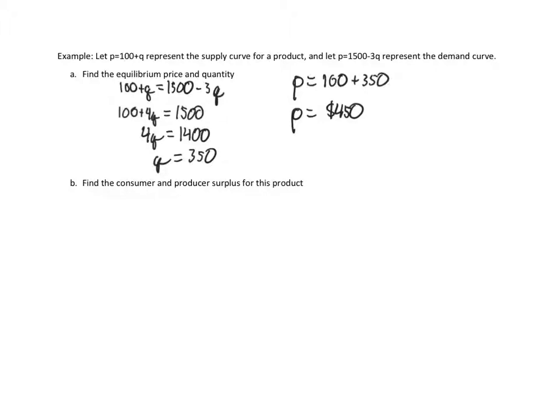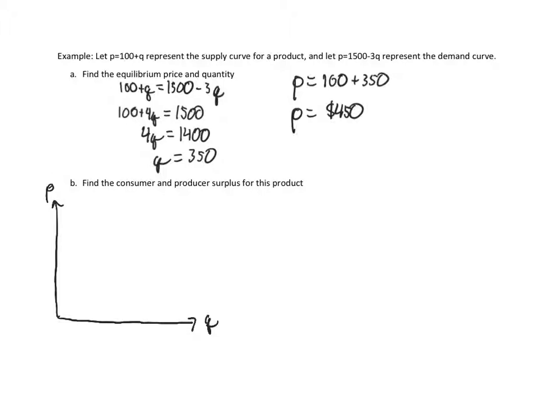Now we want to find the consumer and producer surplus for this product. So what I would do first is start with considering what these two things are going to look like graphically. So we're going to make this graph. And here's quantity, and here's price.